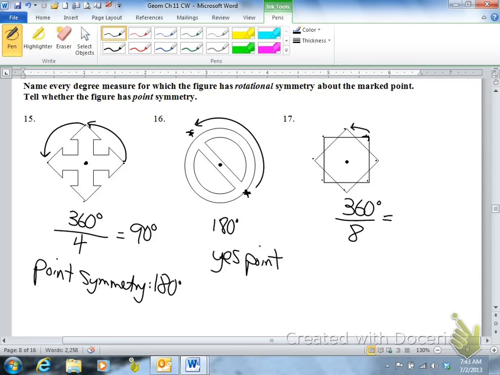So that would be, let's see, 360 divided by 2 is 180, divided by another 2 is 90, divided by another 2 is 45 degrees. 45 degree rotational symmetry. And we would say, yes, it has point symmetry, because if you do 4 45s, then you would have 180 degrees of rotational symmetry.